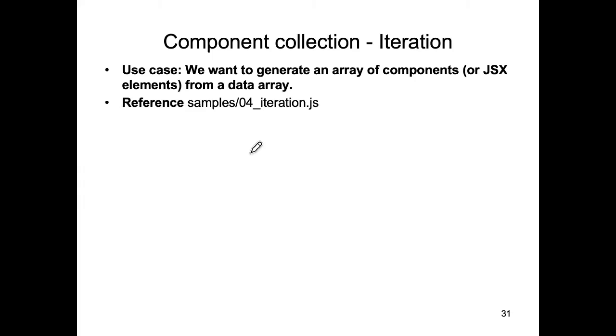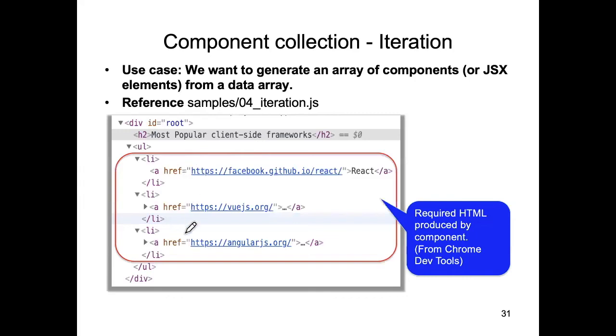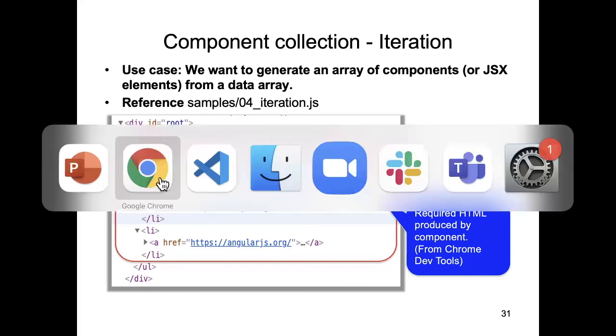Now we're told to look at sample 04. This is kind of what we want to actually be able to generate. Okay, this is the actual HTML that we want to generate. It looks like we want to generate a collection of LI elements, where the LI elements have information relating to whatever, but it's a collection of things. So sample 4 is going to show us how to do that.